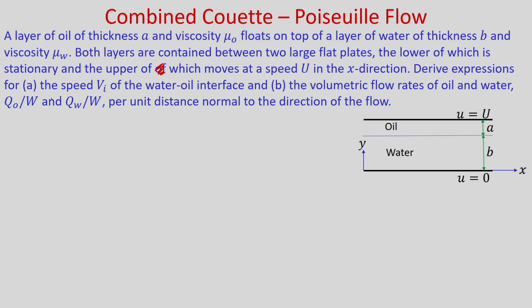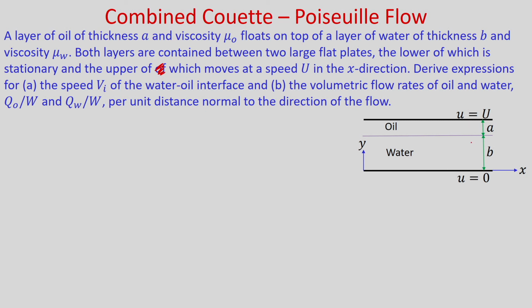Derive expressions for A, the speed Vi of the water oil interface, and B, the volumetric flow rates of oil and water Qo by W and Qw by W per unit distance normal to the direction of the flow.